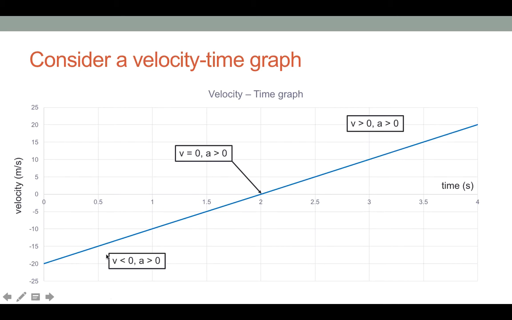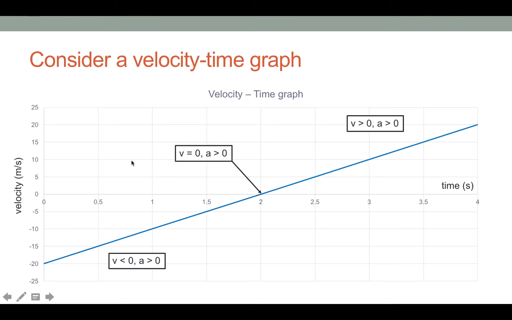Down here, it will also be moving with an increasing velocity, although its speed will be decreasing, because the speed will go from minus 20 to minus 15 to minus 10 to minus 5. But all of those are numerically larger values for the velocity, so the acceleration will be positive. And again, nothing special happens when you cross the axis. Where the velocity is 0, the slope is still positive, so we still have an acceleration even when you pass through the origin.